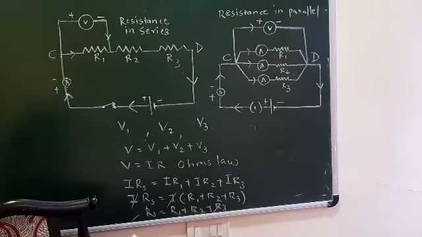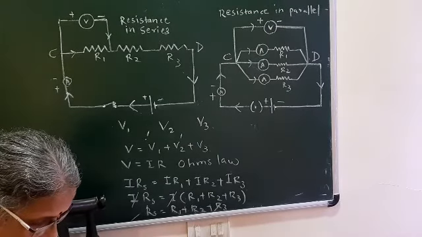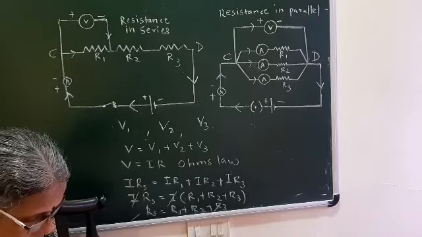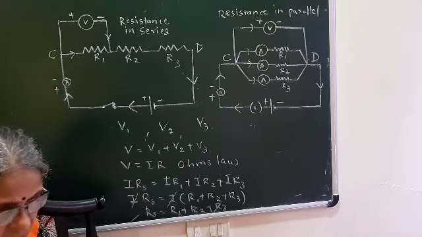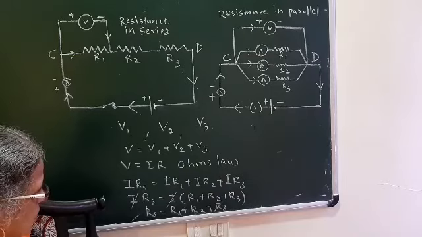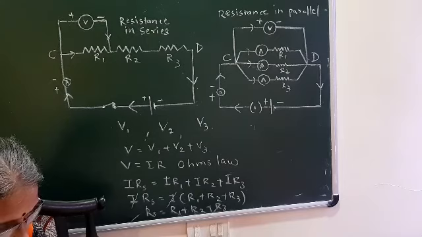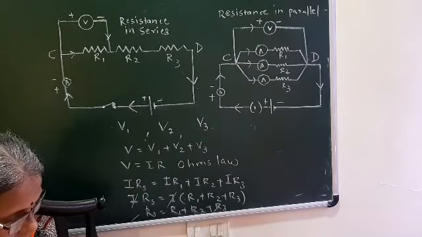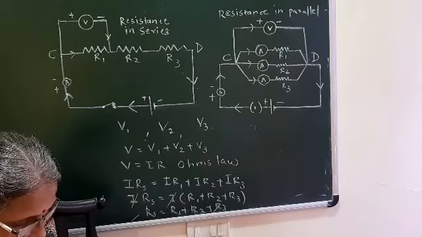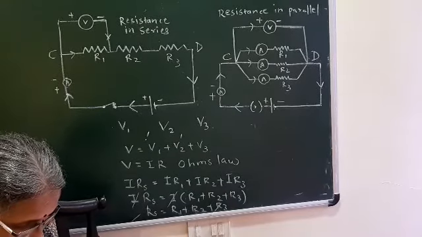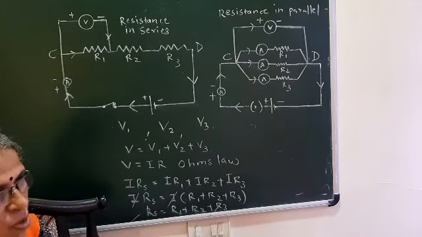So that is the expression that we get whenever we have three resistances, but whenever there are n resistors connected in series, then we will have Rs is equal to R1 plus R2 plus R3 plus dot dot dot Rn. So that is the derivation for resistances connected in series, and for calculation of the resultant resistance we are going to use the formula Rs is equal to the sum of the resistances.